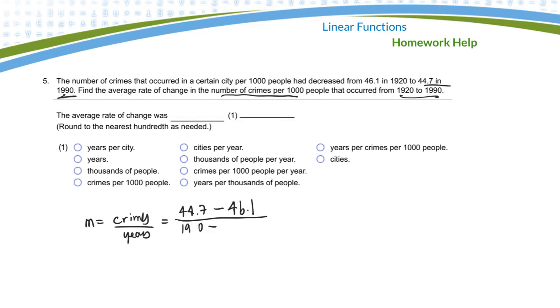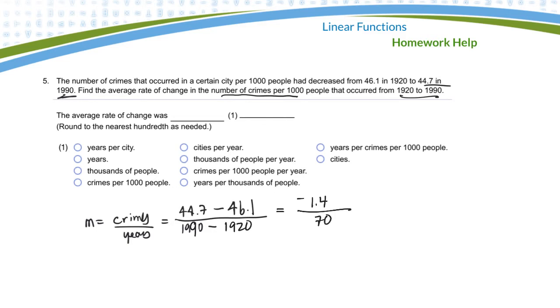Okay, so it's 1990. Come on, pen. Minus 1920. Now it looks like the crimes went down, so I assume I'm going to get a negative number. So 44.7 minus 46.1 is, I think, negative 1.4, over years would be 70.